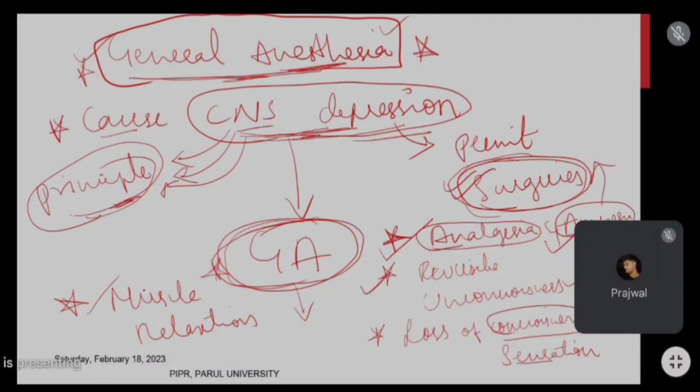Total muscles will be relaxed, all smooth muscles, skeletal muscles, all muscles.